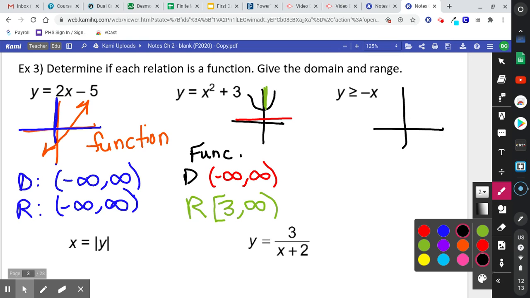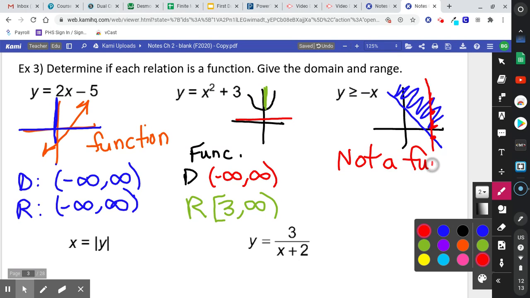If you look at this with the shading, that vertical line hits a lot of points. It doesn't just hit there. It hits everything that's shaded in. This is not a function. It doesn't pass the vertical line test.